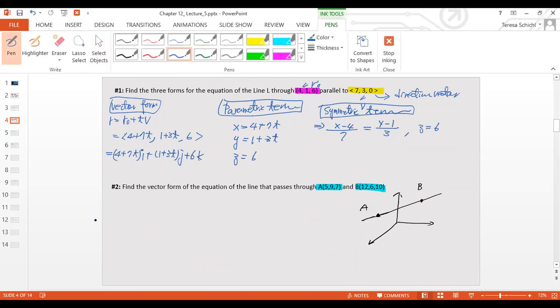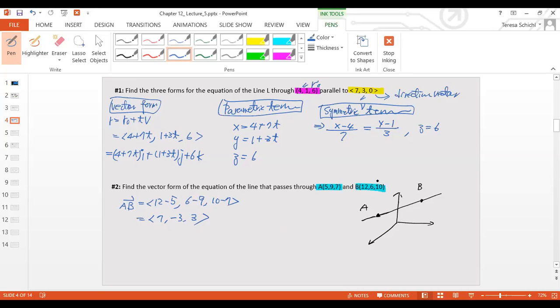So this vector from A to B will be 12 minus 5, 6 minus 9, and 10 minus 7. What is here? We have 7, negative 3, and 3, right? 7, negative 3, and 3.